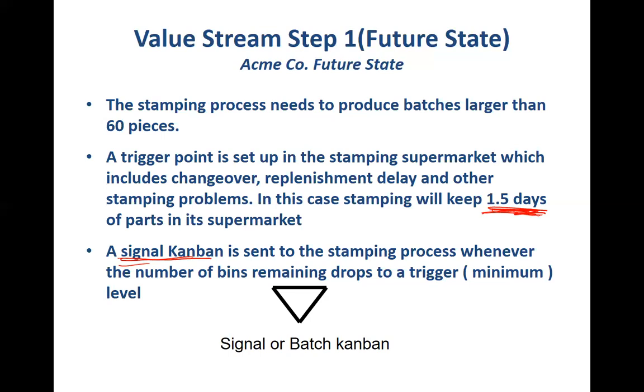This signaling happens when there's a trigger, a minimum level that we need to maintain. So we can, for example, establish something like 1.5 days worth of inventory that we want to keep, way lower than 2 weeks, and that's definitely an improvement in terms of the inventory that we will be holding. The signal Kanban typically is shown as an inverted triangle that we see here.